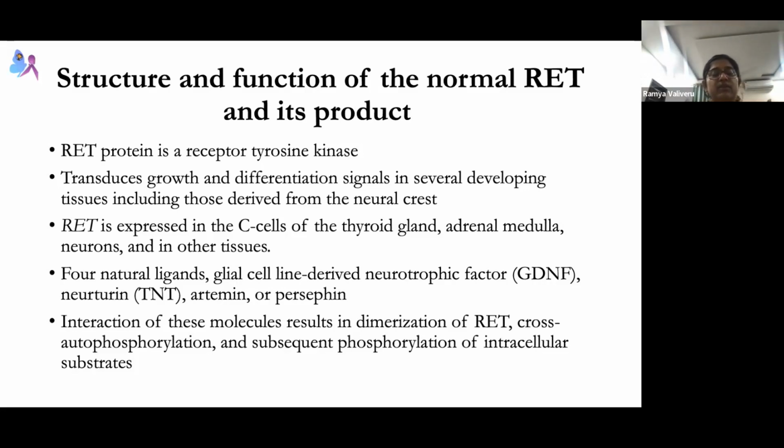Interaction with these molecules results in dimerization of the RET, cross autophosphorylation, and subsequent phosphorylation of the intracellular substrate, which is true for any dimerizing receptor tyrosine kinase. So whenever these natural ligands come to the surface, the extracellular domain, the receptor molecules dimerize, and then the subsequent cascade begins.